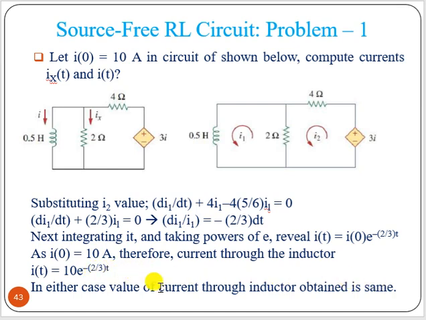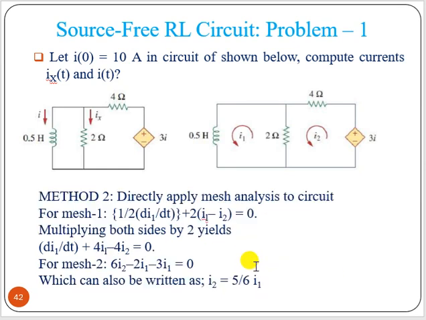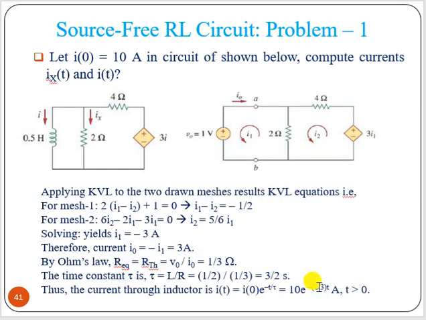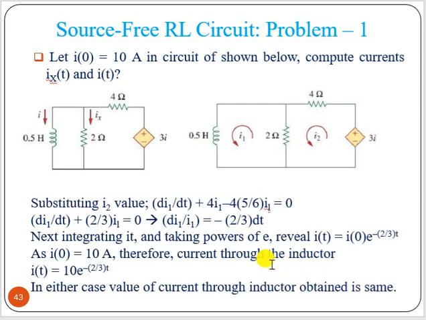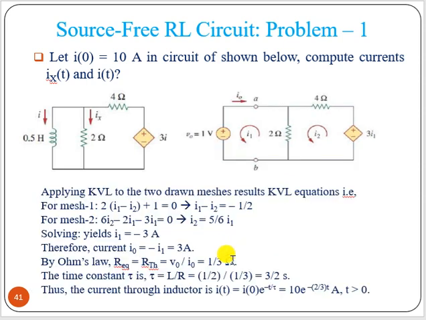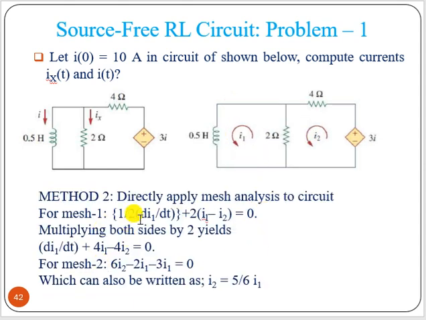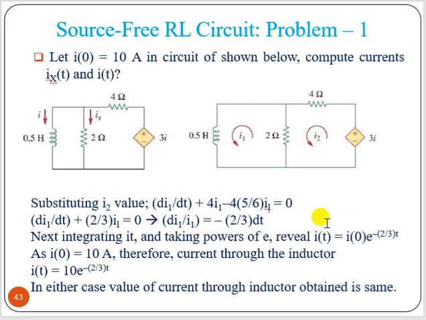So in either case the value of current obtained is the same. Both cases: in one we apply the Thevenin rule, inserting a test voltage source to find RTH, or we can form the differential equation to solve it.